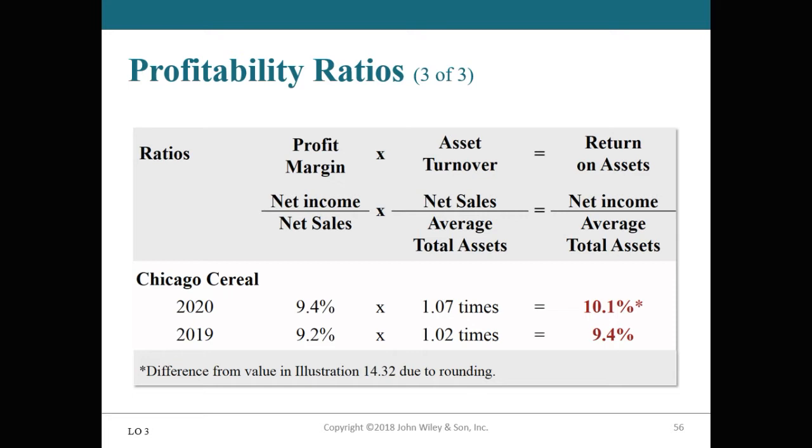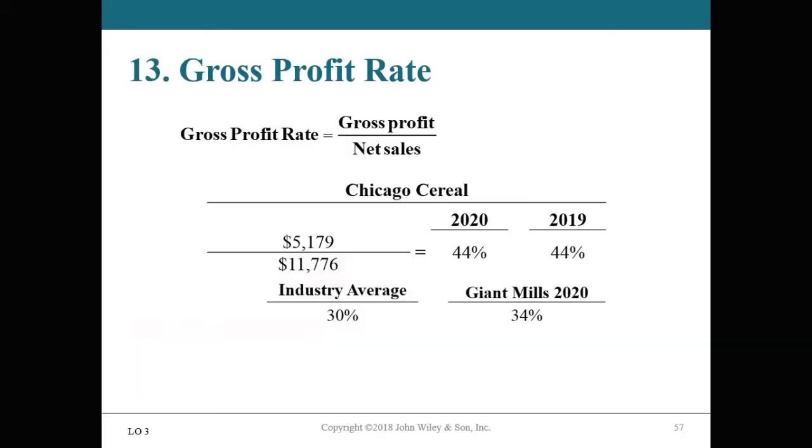And here we have the formula for each of those. So if we take net sales and we reduce those out, because when you cross multiply, we get 10.1%.